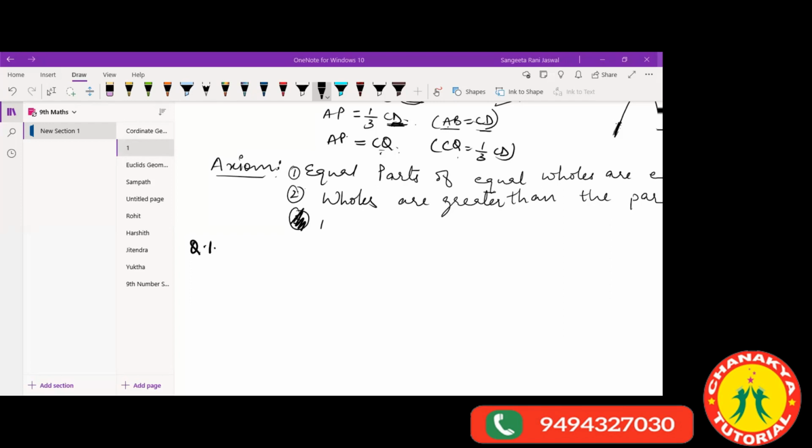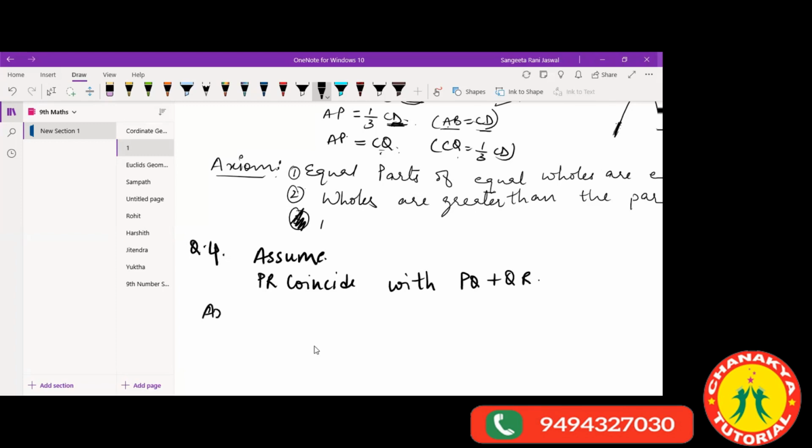I'll just show you this on one more page. Okay, so this is question number 4 that we are discussing. We assume here that PR is some line which coincides with PQ plus QR.